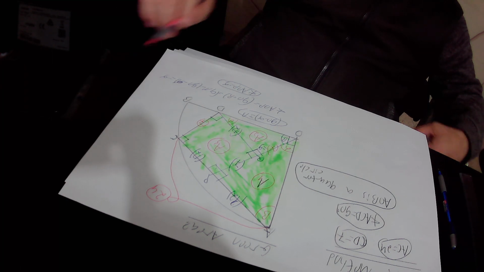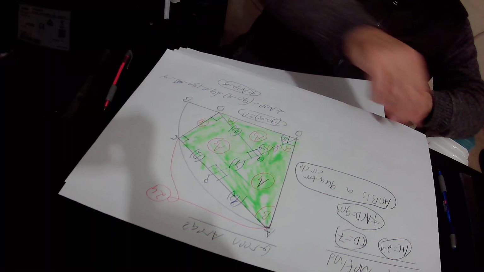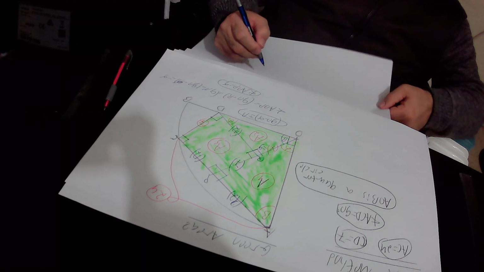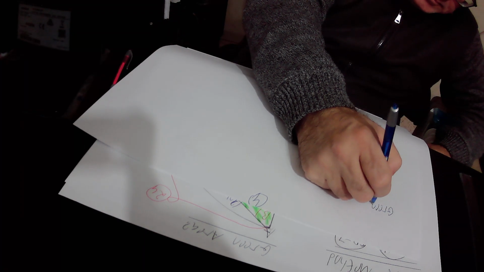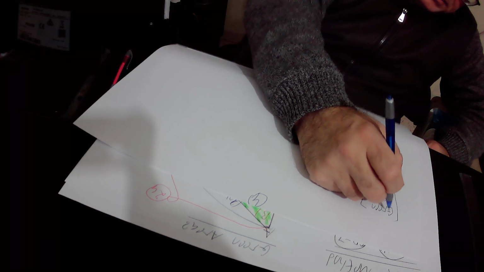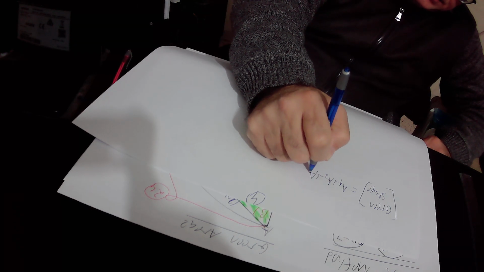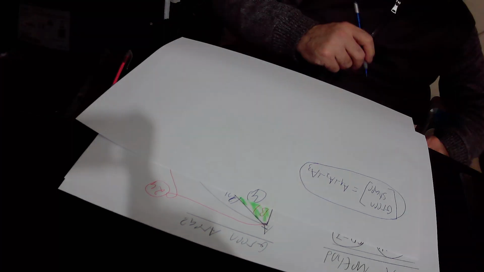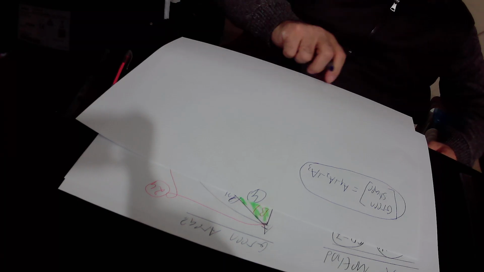So I write it down. The area of the green shape must be equal to A1 plus A2 plus A3. In the next step, we'll calculate each area separately, and then we'll add the 3 areas with each other. This will be, of course, the area of the green shape.